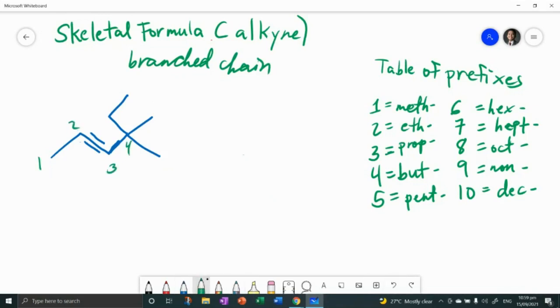So 1, 2, 3, 4, and then 5. The triple bond is present, and there is one ethyl group and one methyl group here. So what happens here is 4-ethyl, and then 4-methyl, and then 2-pentyne.